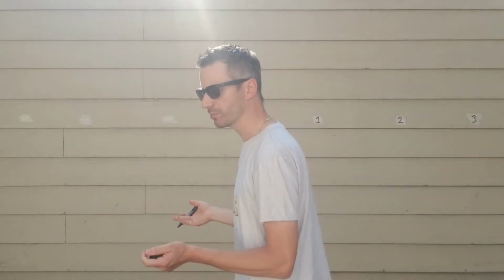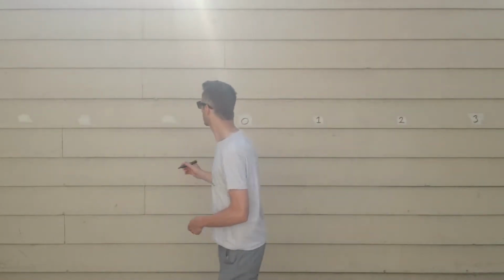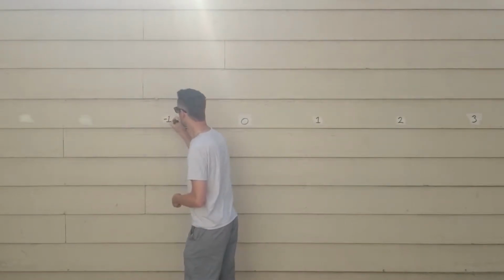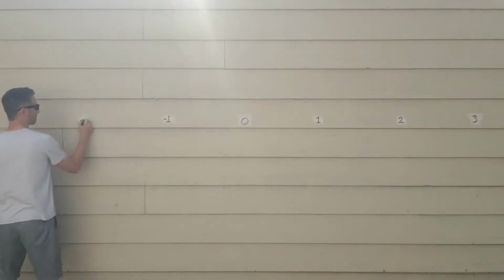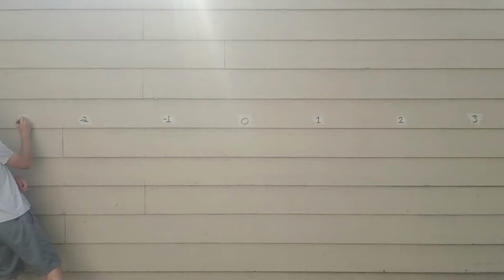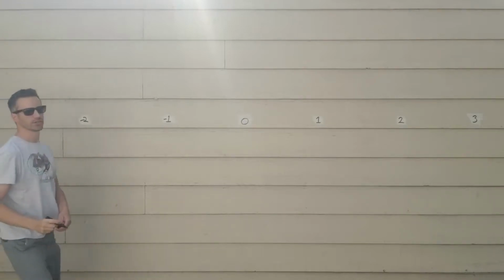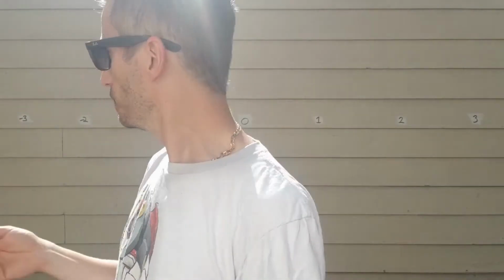If these are positions 1, 2, and 3, then of course if I go in the other direction it should be positions 1, 2, and 3, but with the caveat that those will be negative 1, 2, and 3, and those are my positions. I'm going to real quickly demonstrate and go through a couple of scenarios.